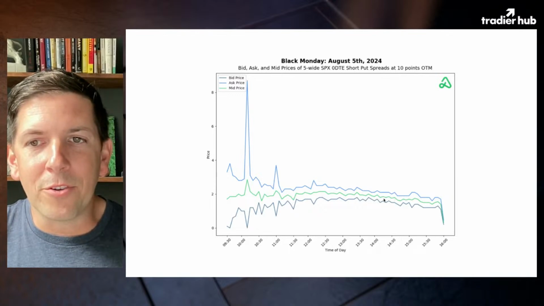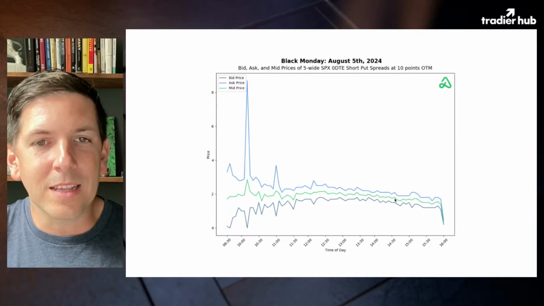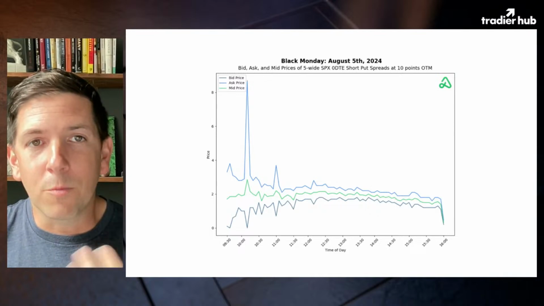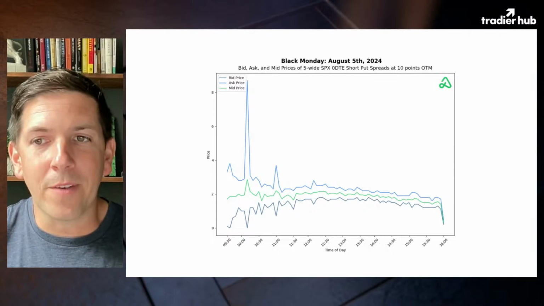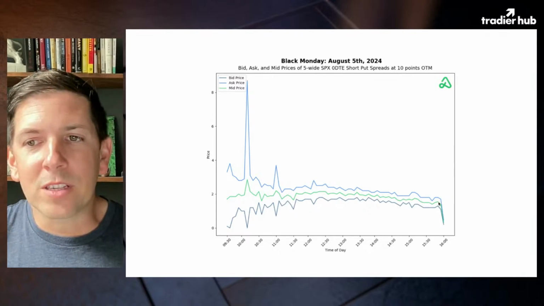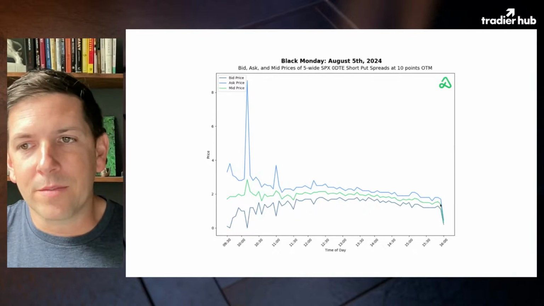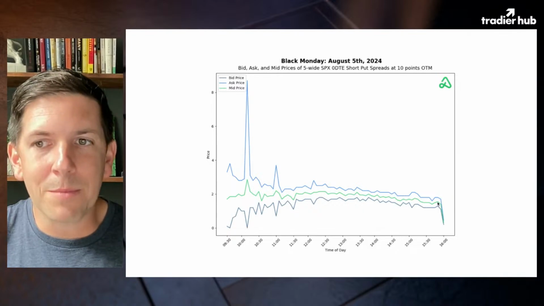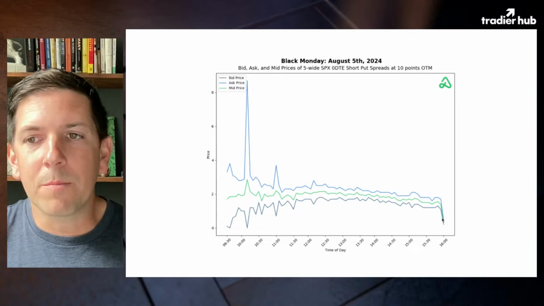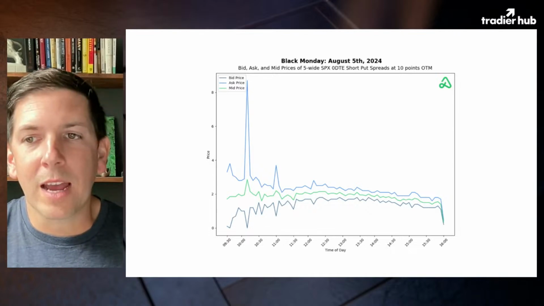You get into the afternoon hours, 1:30 or 2:30 or so, it's a little under $2. So there was some decay that started to materialize. It wasn't a lot, and it didn't happen really fast. And it wasn't until just the very last couple of minutes of the trading day that we started to see that time decay really pop in and accelerate.